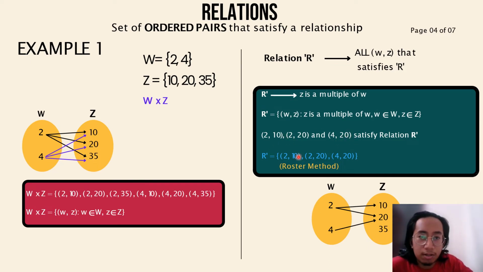This is the roster method, which represents set R dash. Roster here means list. We can also represent this using an arrow diagram here. We can draw an arrow for every ordered pair in set R dash. So we can draw one arrow for (2, 10), one arrow for (2, 20), and one arrow for (4, 20). Moving on to the next slide.